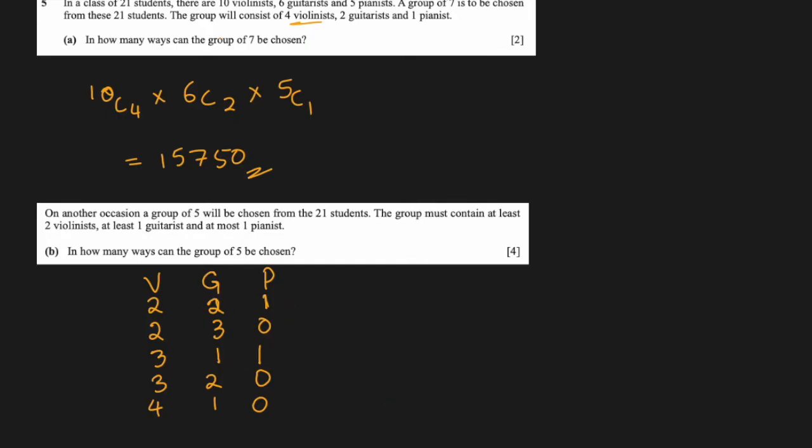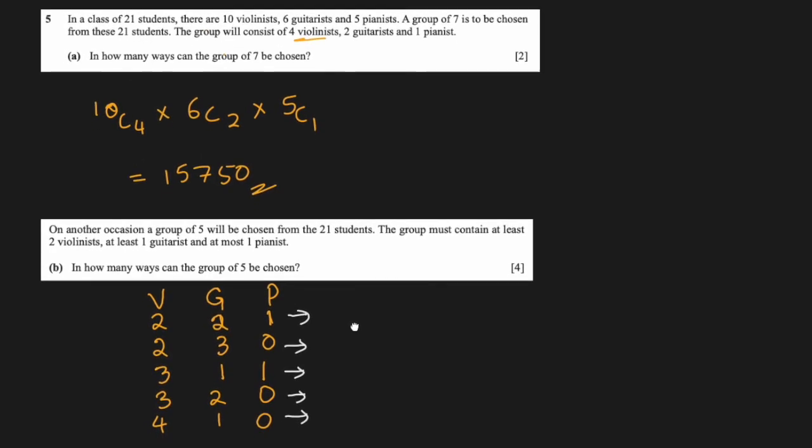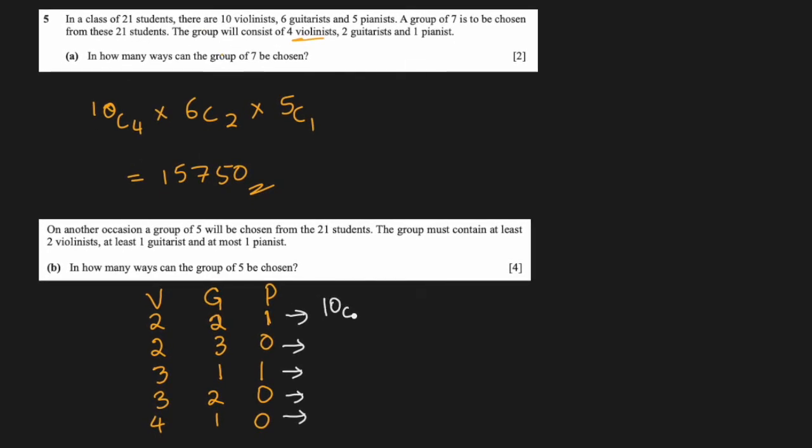We'll interpret them into the possible arrangements. I'll do one of them and then I will fasten up this video and give you the answer. So in the first line, 2 violinists are being chosen from 10. So it will become 10 C2. Then we have 6 guitarists and 5 pianists.